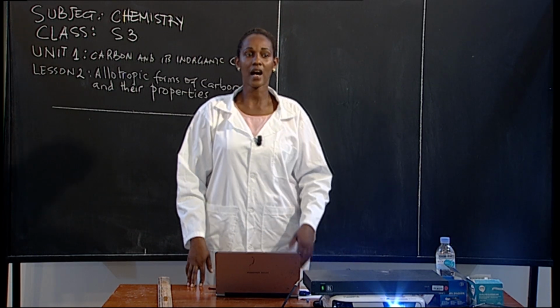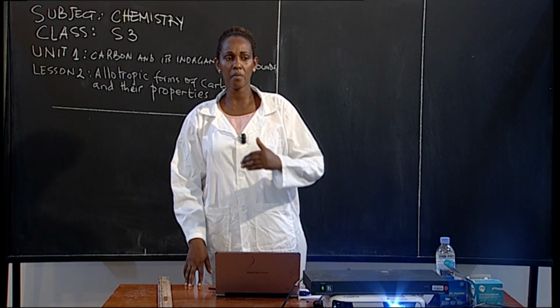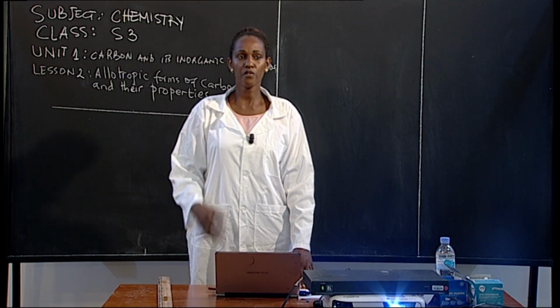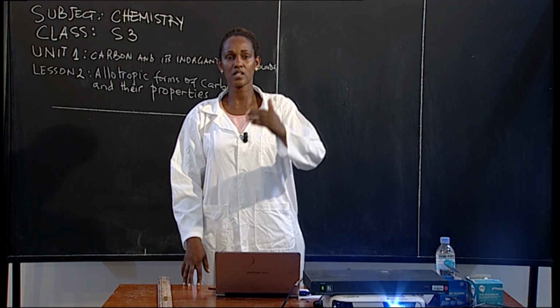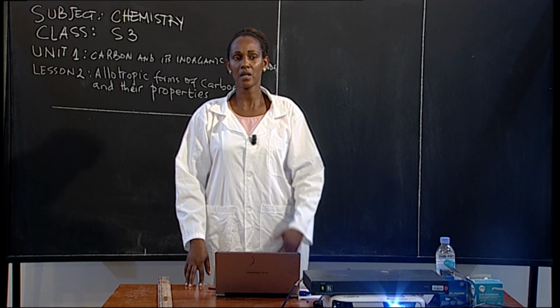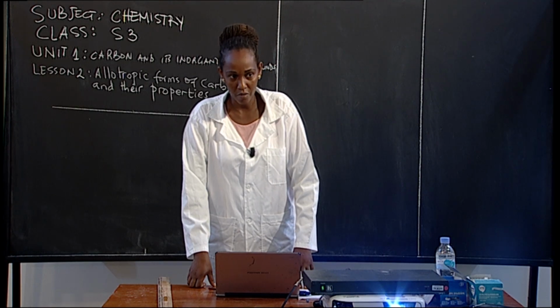Another thing, it has a relatively high boiling and melting point. When you compare the boiling and melting point of diamond and graphite, you find that graphite has a relatively high boiling and melting point, but it is not higher than that of diamond.